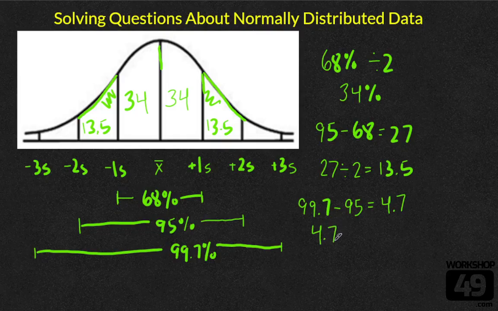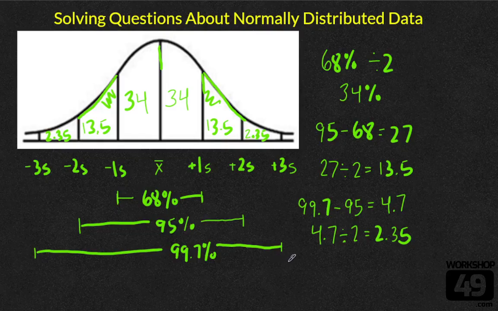We can take that 4.7, which is shared between these two little segments, divide it by 2, and it's going to equal 2.35. That's 2.35 in each of these ones, 2.35 here, and 2.35 there.